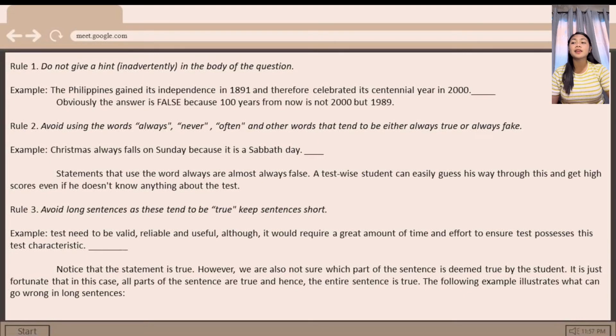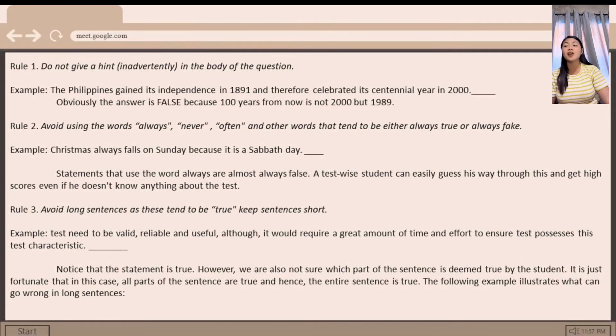Rule number 3. Avoid long sentences as these tend to be true. Keep sentences short. For example, tests need to be valid, reliable, and useful, although it would require a great amount of time and effort to ensure tests possess these characteristics. Notice that the statement is true, however, they are not sure which part of the sentence is deemed true by the student.